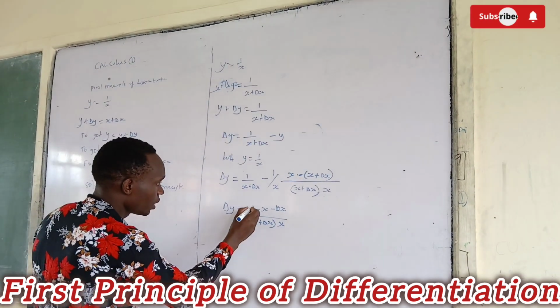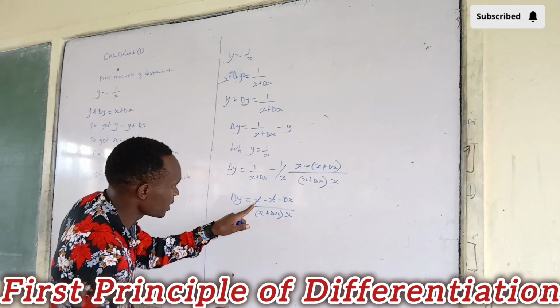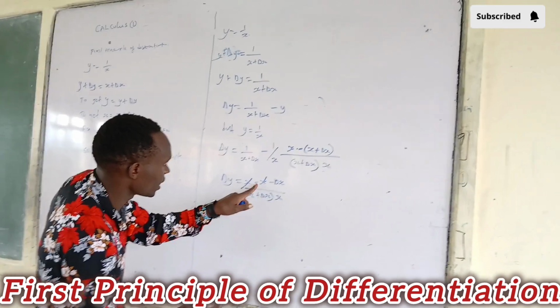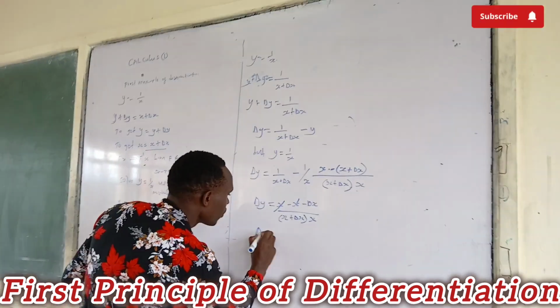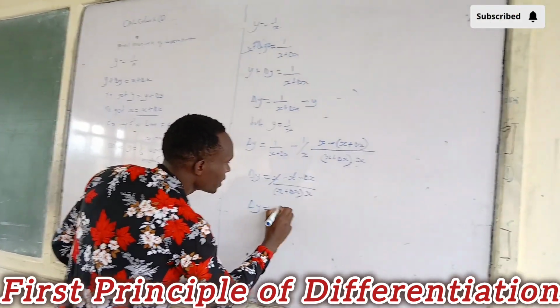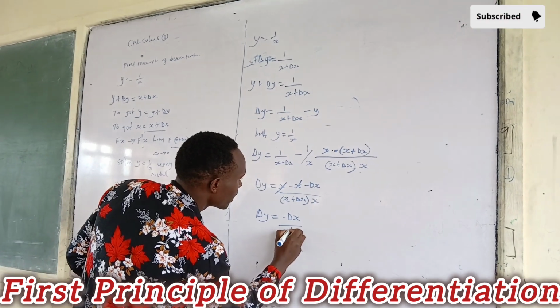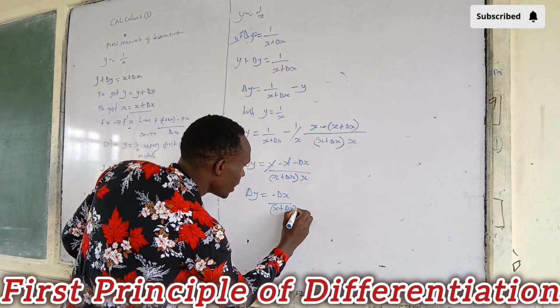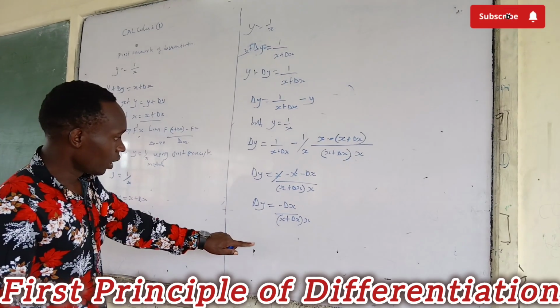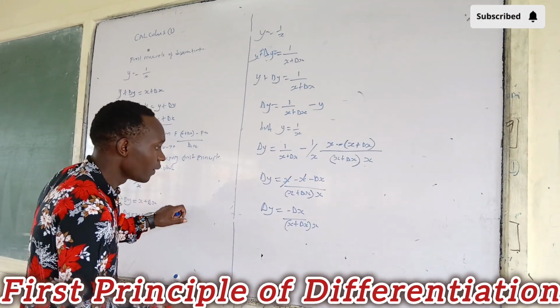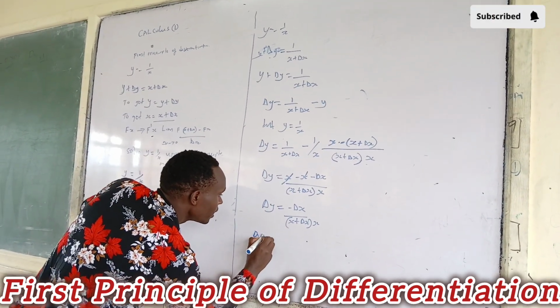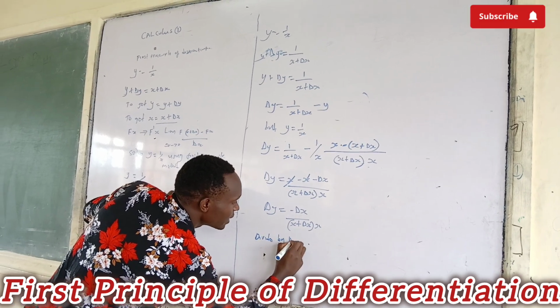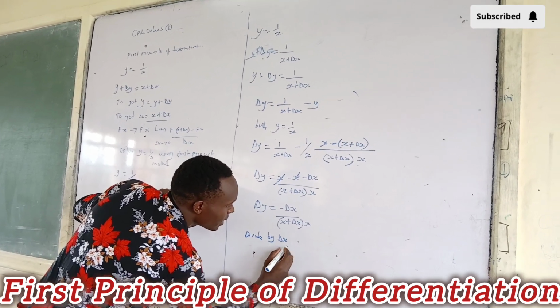You notice this one and this one cancel out, because x minus x cancelled out. So change in y is equal to negative change in x over x plus change in x multiplied by x. So reaching at this point, you divide by change in x.